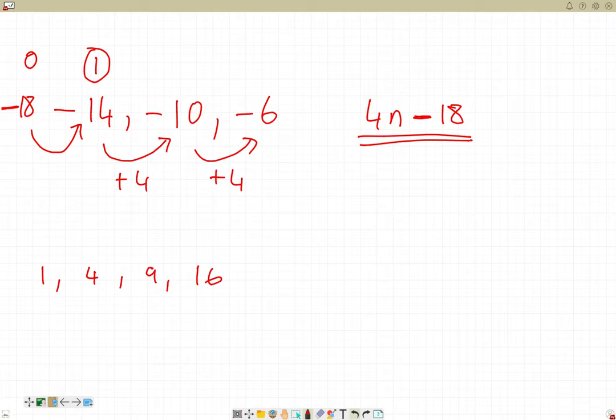This method only works on linear sequences. It does not work on geometric sequences or quadratic sequences. For this one, the nth term, if you just look at it, would be n squared. I'll do another video on how to find the nth term of geometric sequences later on.